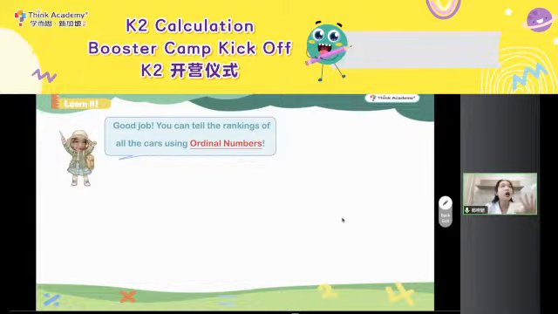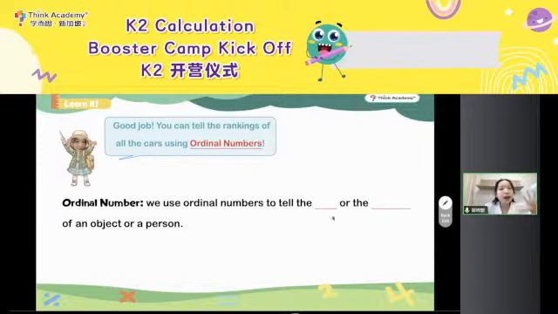Now to continue to the next step. After the first we come to second. In short, it is 2nd, so 2 and ND is second. So we have the first ordinal numbers. And for the letters third, where does this RD come from?